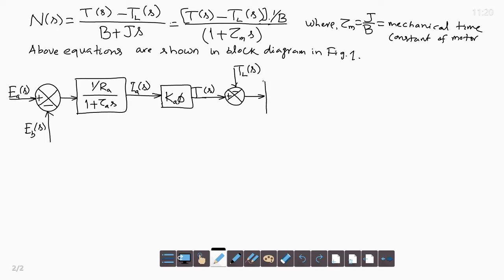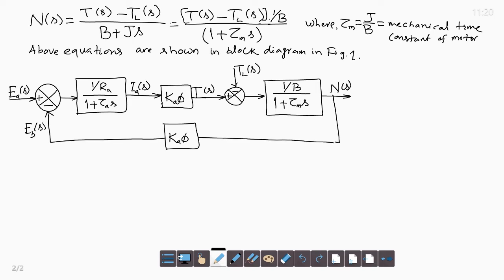Then we have the block 1 by B divided by 1 plus s tau M, giving the speed N(s). Then the speed goes back, multiplied by Ka phi, giving the back EMF EB(s). So this is figure 1.